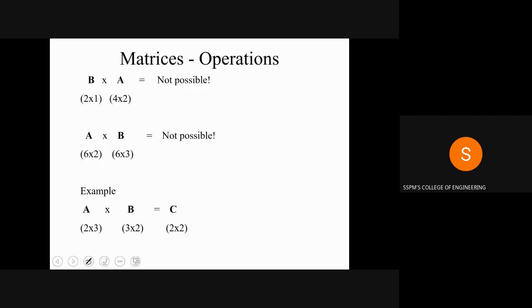Okay, next, see here, 2 cross 1. What is said here? Not possible. Why? See, this is 1 and this is 4, they are not equal. The first matrix is of order 2 cross 1 and the second is 4 cross 2. The number of columns in the first matrix is 1 and the number of rows in the second is 4, so multiplication is not possible. In the next one, you can see 2 here and 6 here, so these are also not equal.